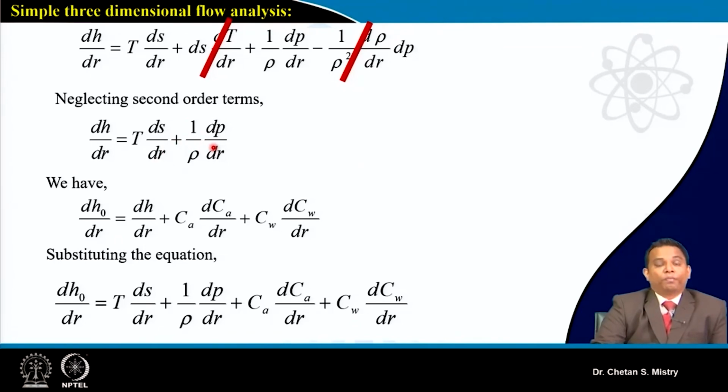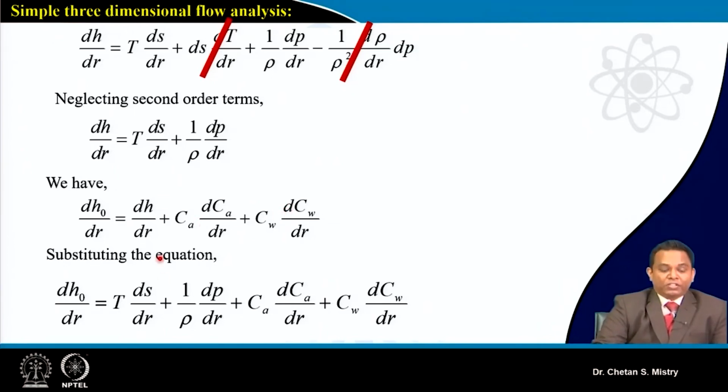Now from our fundamental equation, based on the definition of stagnation enthalpy, we have written dh0 by dr as dh by dr plus the change of axial velocity component and the change of tangential velocity component.